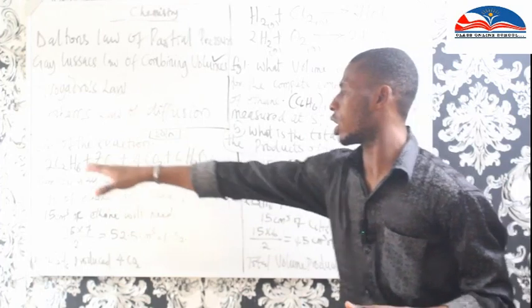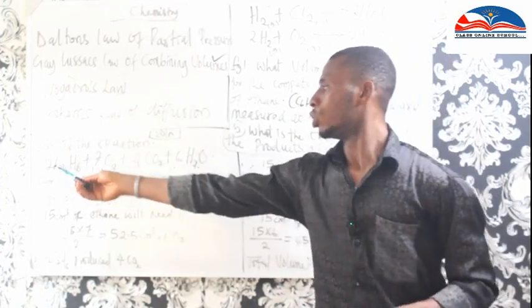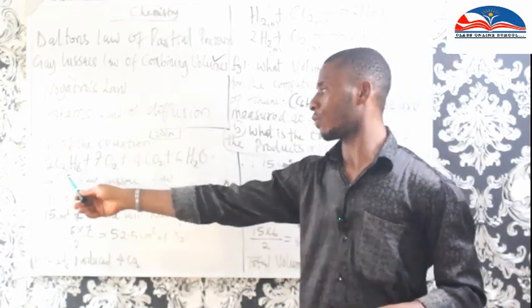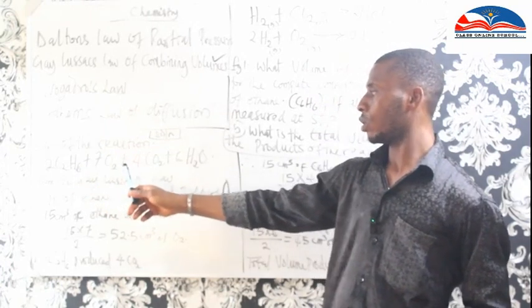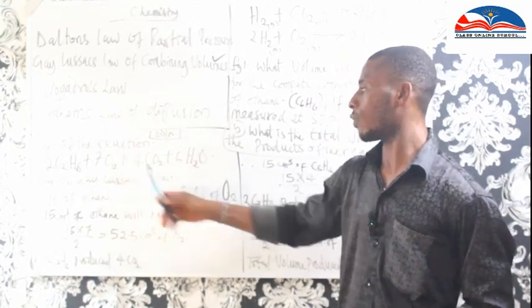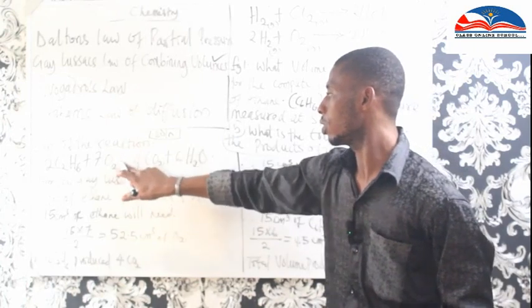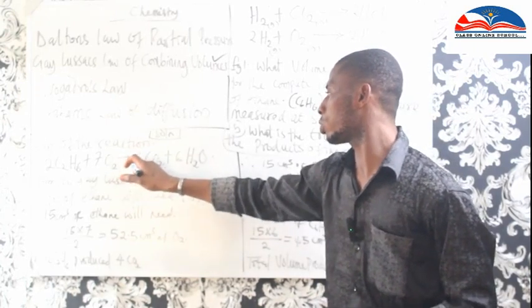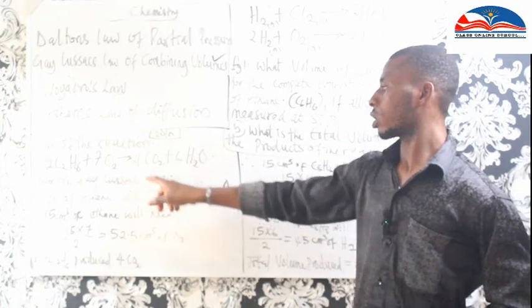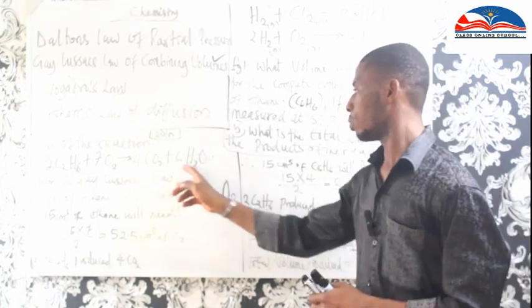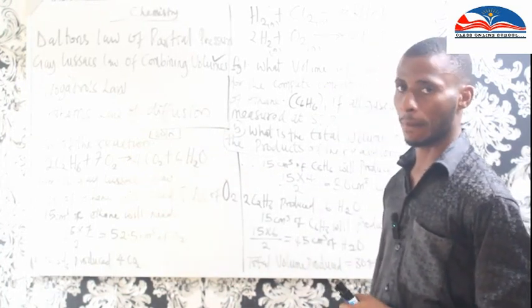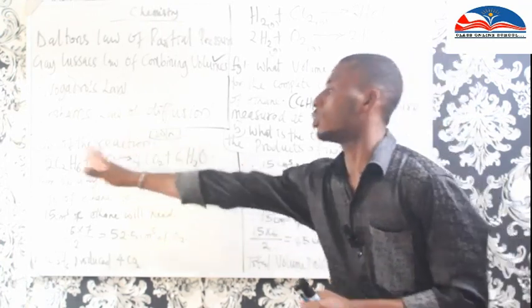This is the solution. The equation of the reaction says 2 moles of ethane plus 7 moles of oxygen gave us 4 moles of carbon dioxide plus 6 moles of water. Now, this is just a reaction.